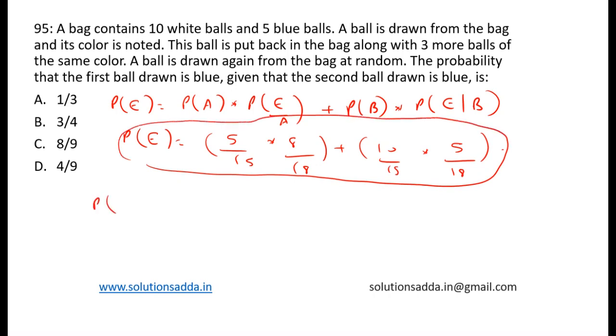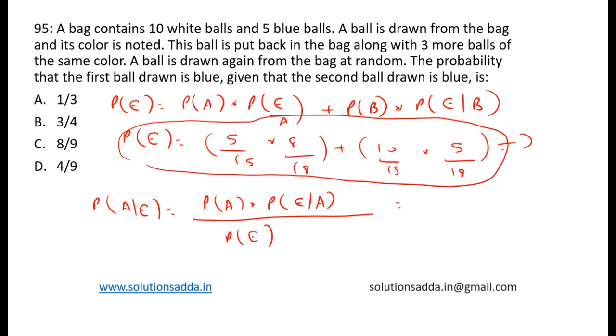Now what is P of A given E? That is P of A into P of E given A divided by this whole value, that is P of E. This is calculated as 5 by 15 into 8 by 18 divided by 5 by 15 into 8 by 18 plus 10 by 15 into 5 by 18.